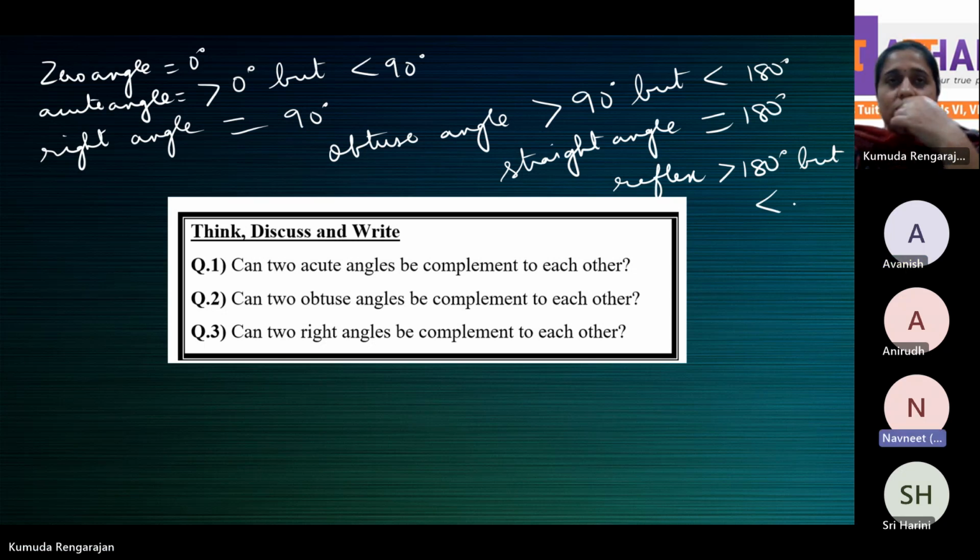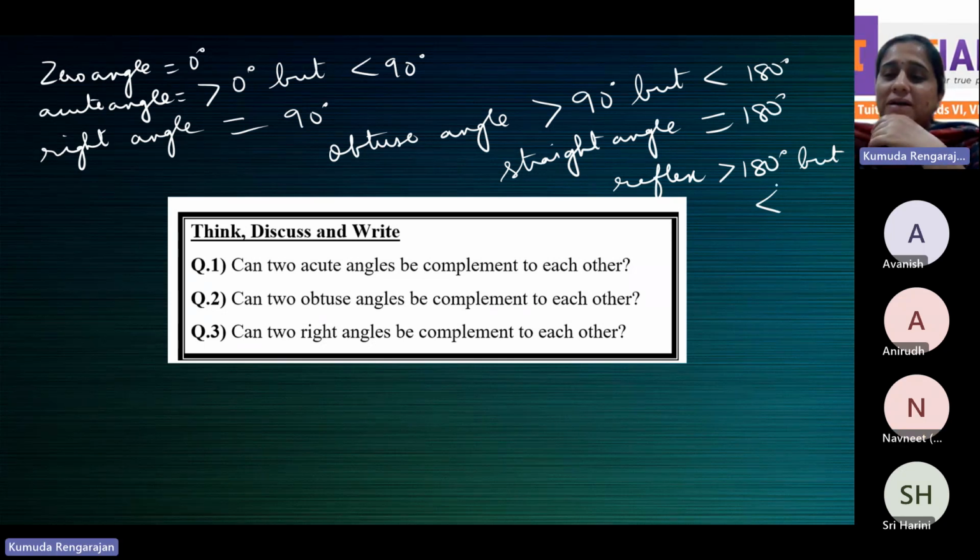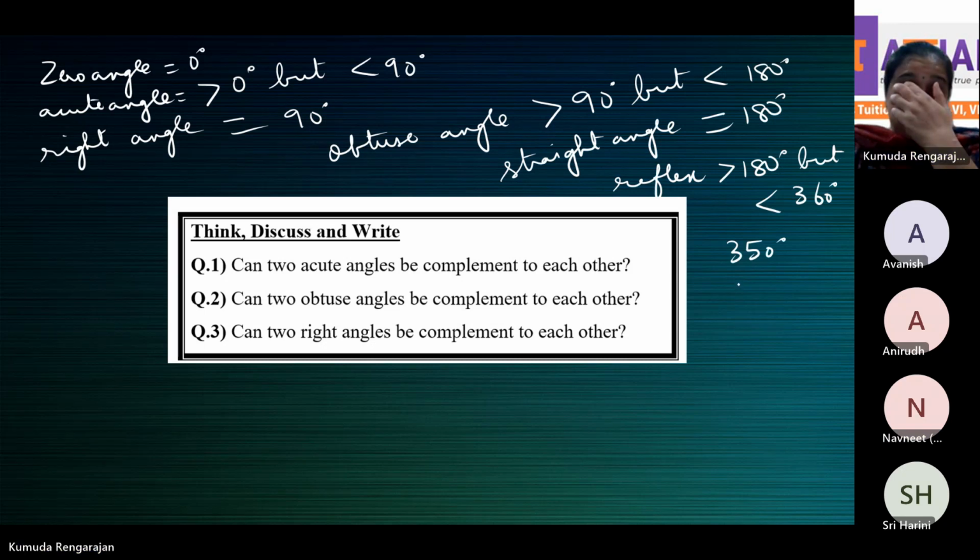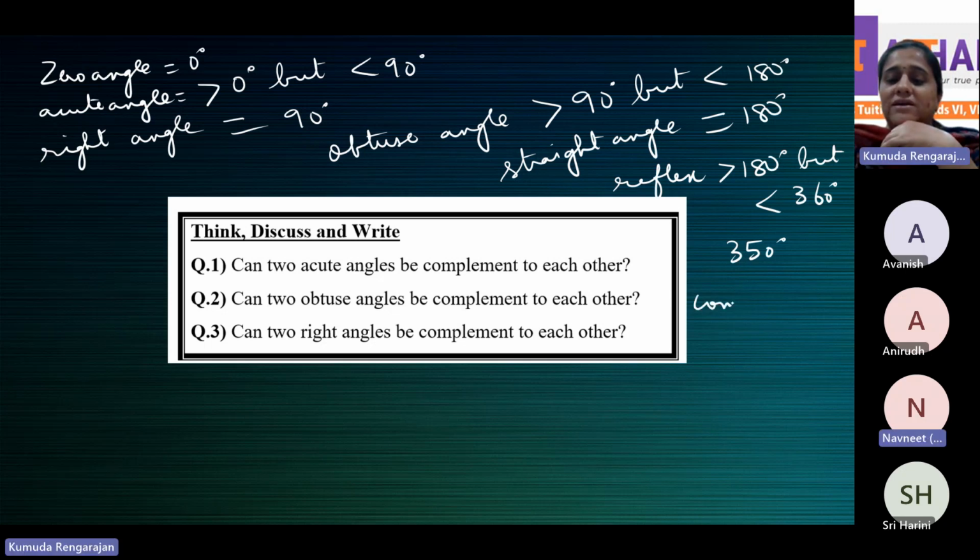Not 270. Greater than 180, but less than 360 degrees. 350 degrees is also a reflex angle. Oh, okay, ma'am. And what's a complete angle? Ma'am, equal to 360 degrees.